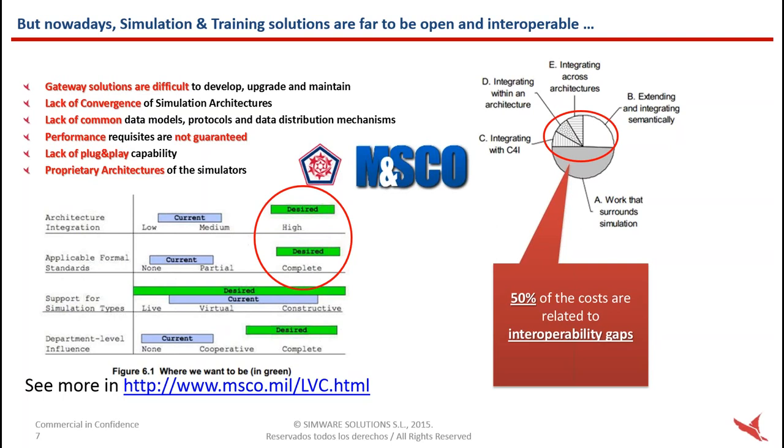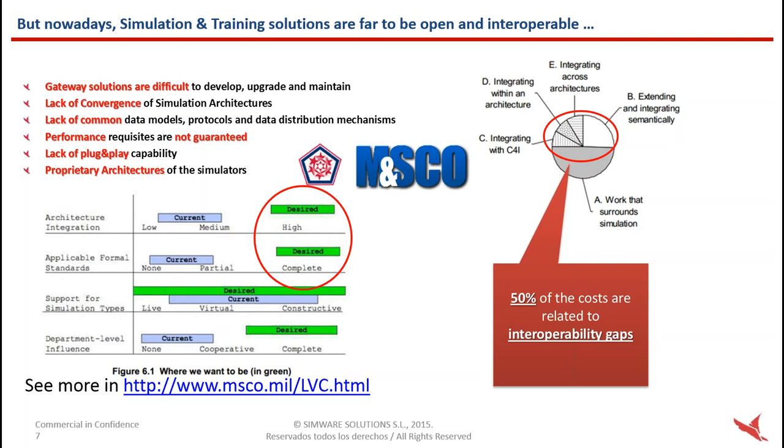And why do we have these gaps and this stopper? Because, besides the problem with the proprietary architecture in the simulators, we also don't have an integrated architecture that provides us with a common data model, protocol, and mechanisms to distribute the data between the different simulators.